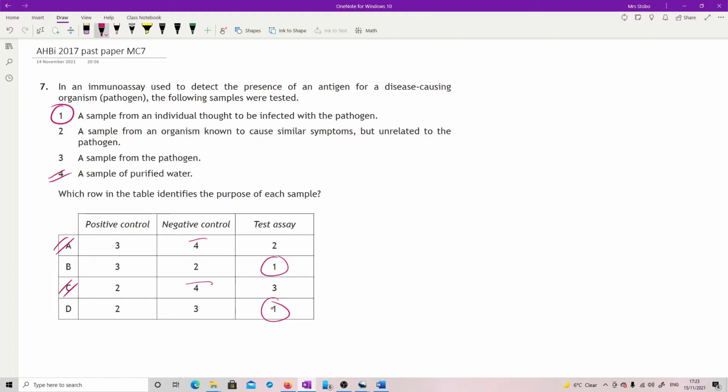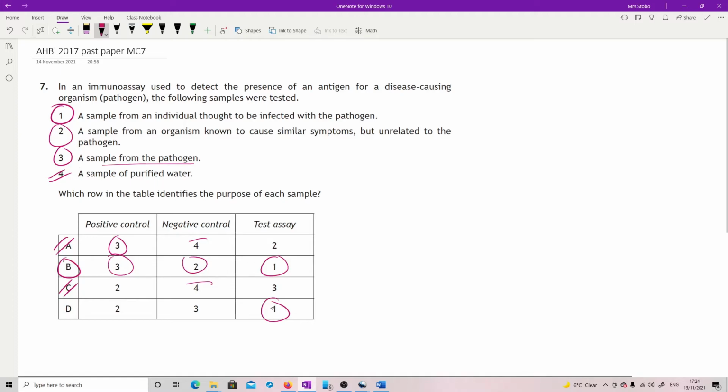A positive control has to give you something that you expect. So the pathogen is your positive control. So here's our positive control, and that's going to give you the answer of B. And just to be absolutely clear, the negative control is a sample from an organism known to cause similar symptoms but unrelated, because we know that that should give us a negative, hence that's there.